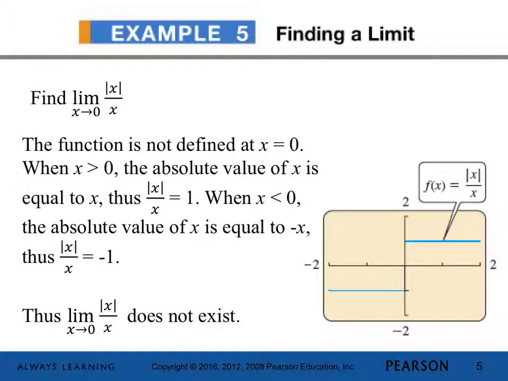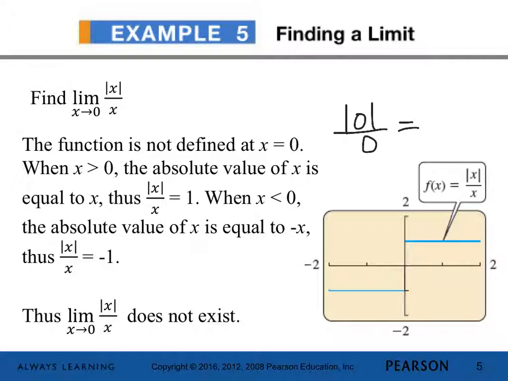Here we have another function that is a rational function. This function's not defined at x equals 0 because what we would have at x equals 0 would have been the absolute value of 0, which is 0, divided by 0. Except for 0, we usually think, well, anything over itself is 1.